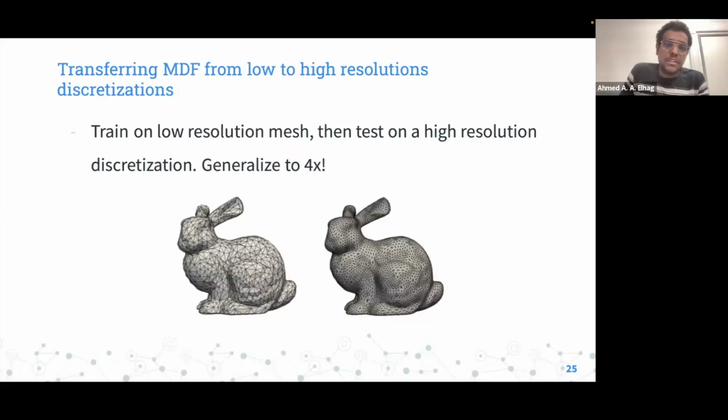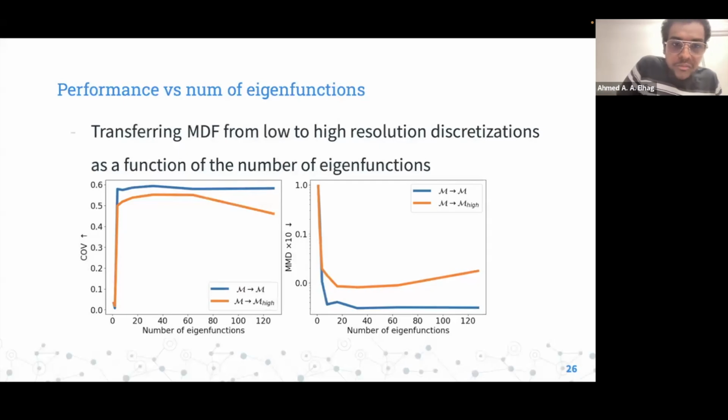And here is the transfer to high mesh resolutions, where you train on a low resolution mesh and then you test on a high resolution mesh, and you can go up to 4 times resolution. And here's the performance. These are two experimental settings. The first one is that you train on a high resolution mesh and also test on a high resolution mesh. This is the blue line.